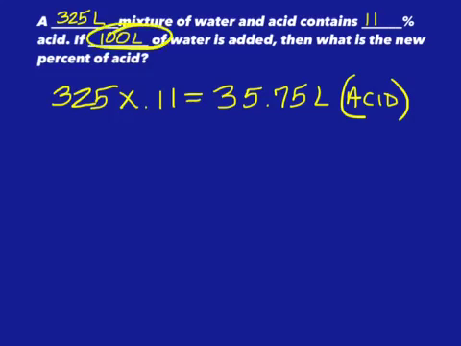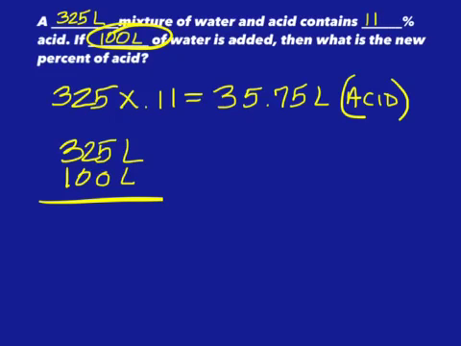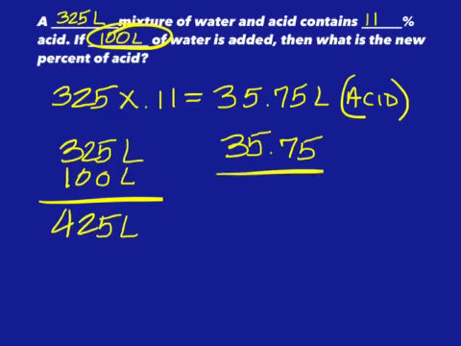Now we're adding 100 liters of water to the mixture of 325 liters. That will give us 425 liters total. Divide 35.75, which is your acid, by the new total to come up with the percent.